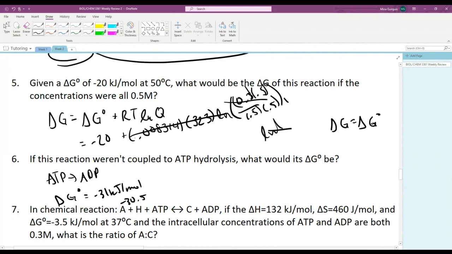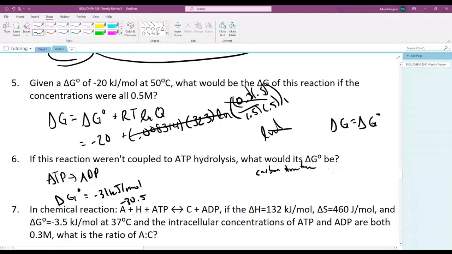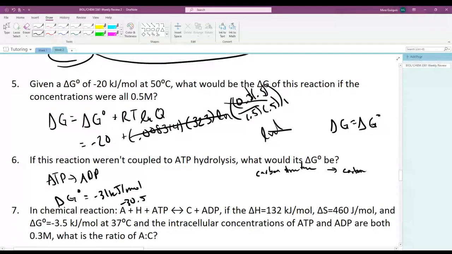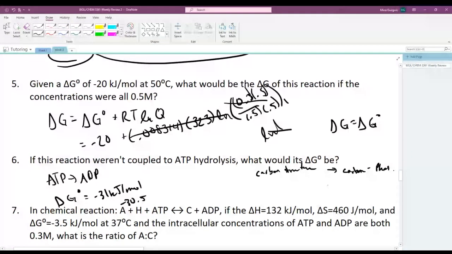So this reaction, what we're actually seeing is our big carbon structure going to the carbon phosphorylated structure is going to have some delta G naught, plus delta G naught of ATP is going to equal the delta G naught that we got up here, okay?